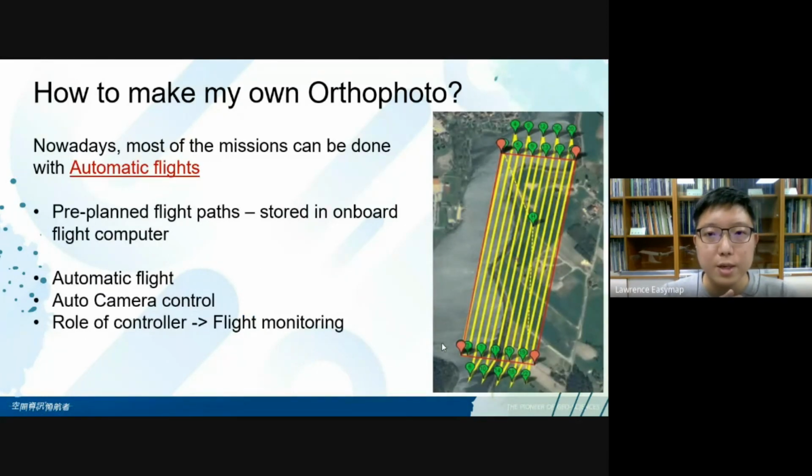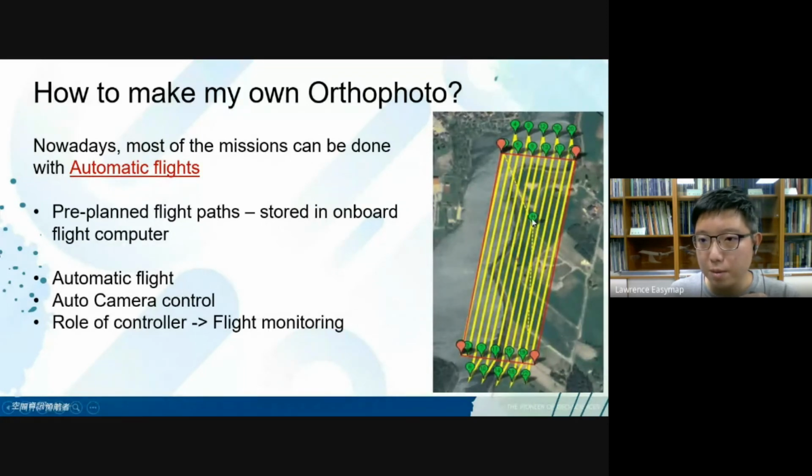However, nowadays, it can be very convenient. On the picture on the right-hand side, you can see a lot of yellow lines. These are the routes, the routing, that we as a controller command to a UAV. You can see an H here, which represents the home point where we take off.